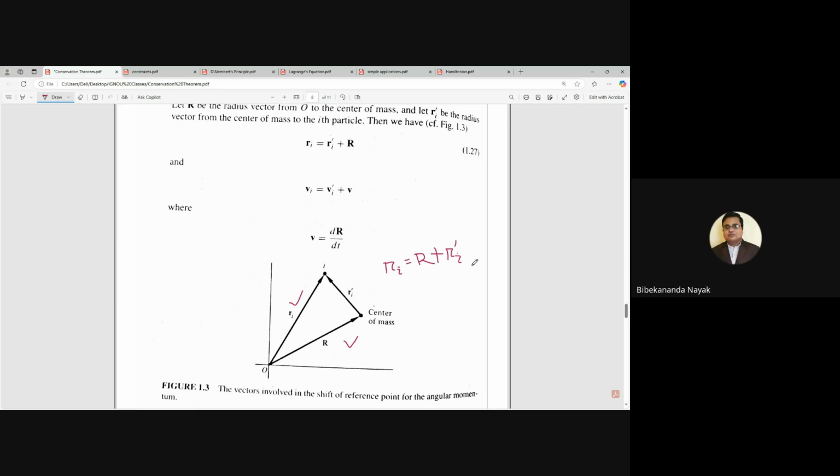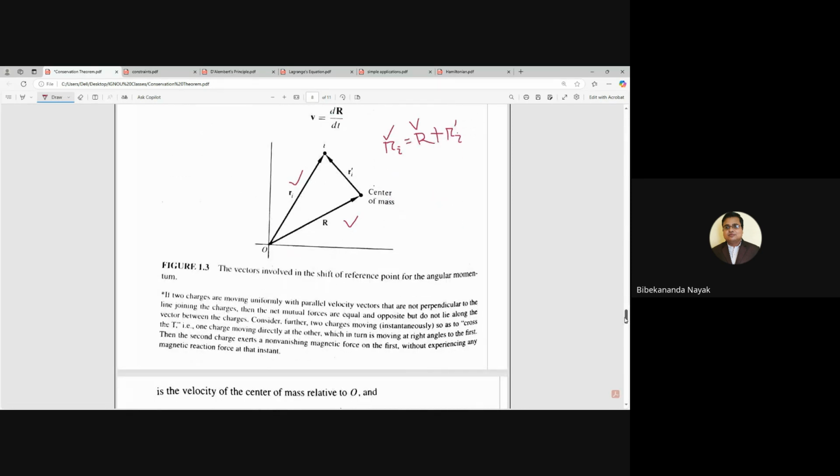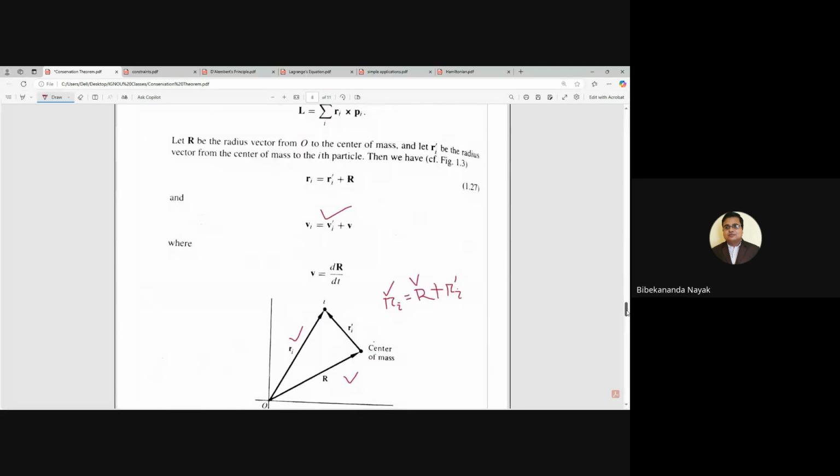All are vectors. Ri is equal to R plus Ri prime. Okay, so if you take a derivative, Vi is equal to V plus Vi prime, where V means dR/dt. Now calculate the momentum.